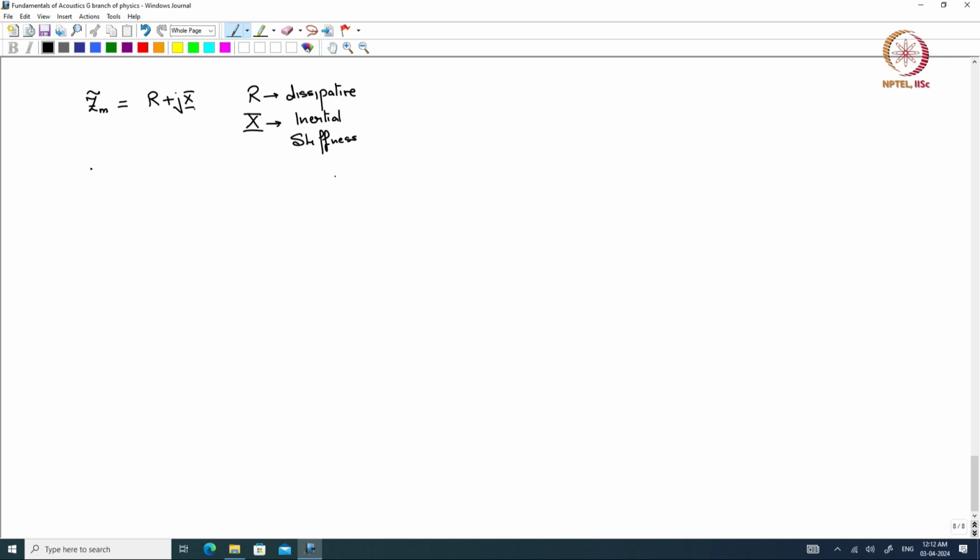And the X part set to 0 gives me an equation to compute resonances.